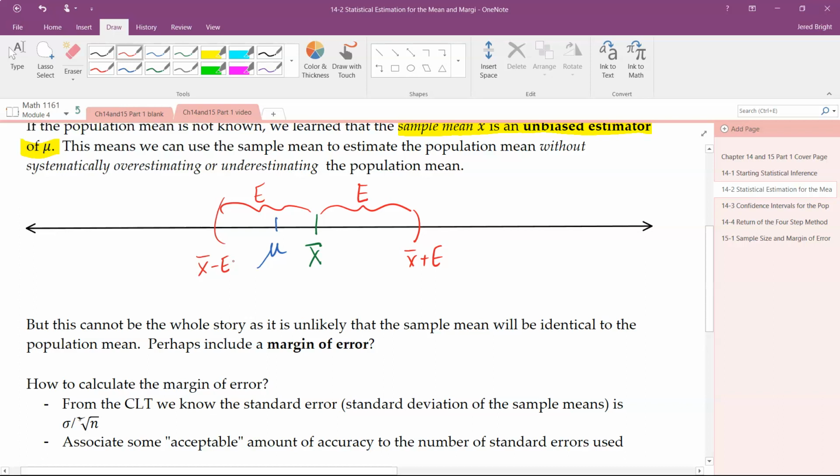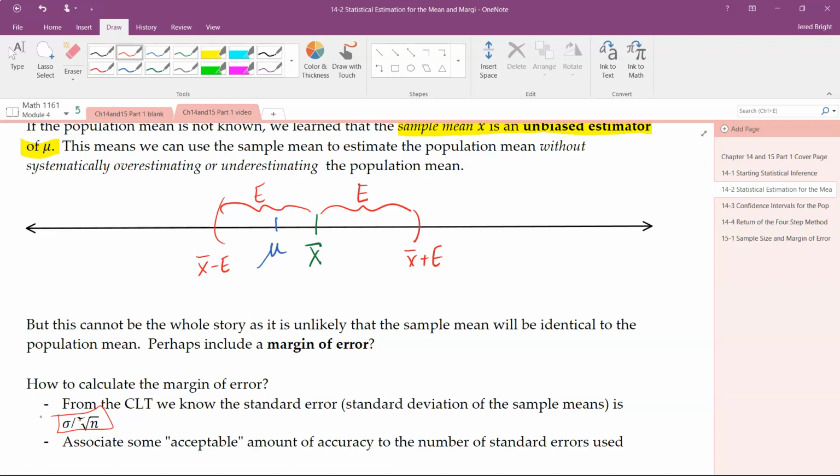So remember, when we're talking about the sample means, the standard deviation of the sample mean is also called the standard error, given by sigma over square root of n. We can use that to give us the units of this error.